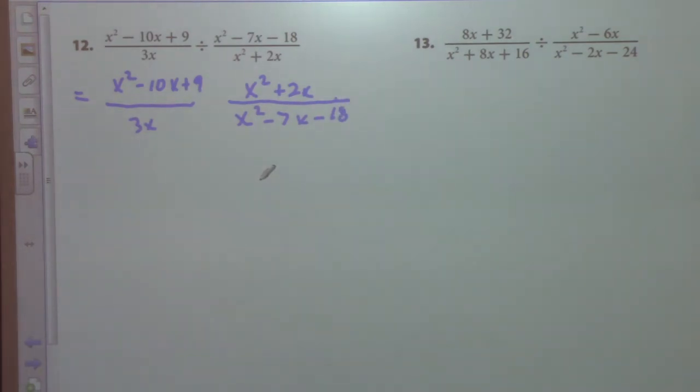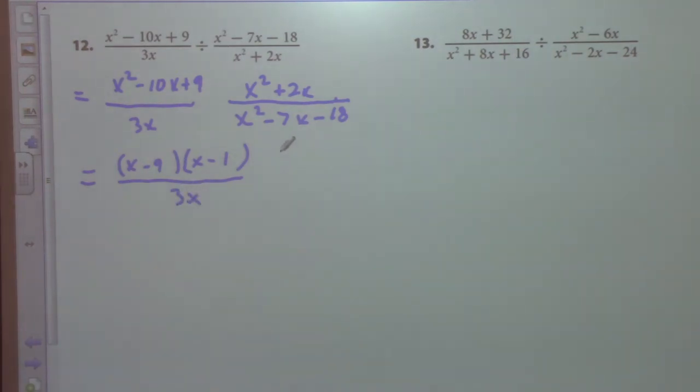Yes, sir. And then I factored the x squared minus 10x plus 9 to x minus 9, x minus 1. All right, and then over 3x.